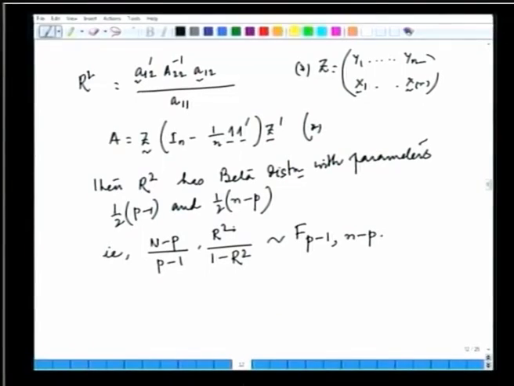The partitioning of the random vector is in this form where we have the random variable y and the random variables x1 to x p minus 1 giving in total a p-variate random vector, and if we have some assumption on the distribution of y, if we say that it follows a spherical distribution, actually the y vector which includes all the observations on y, y1 to yn, that follows a spherical distribution, then only we can have a distribution of this type where r is coming into the picture in this form, r square by 1 minus r square times n minus p by p minus 1 is a very well known F distribution with degrees of freedom p minus 1 and n minus p.